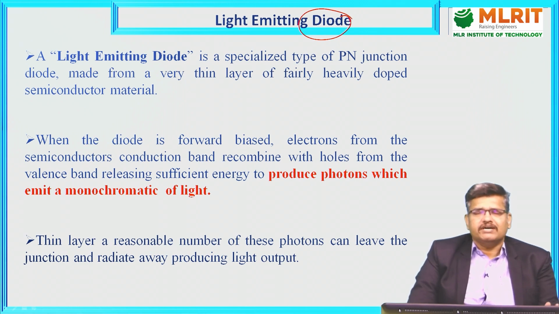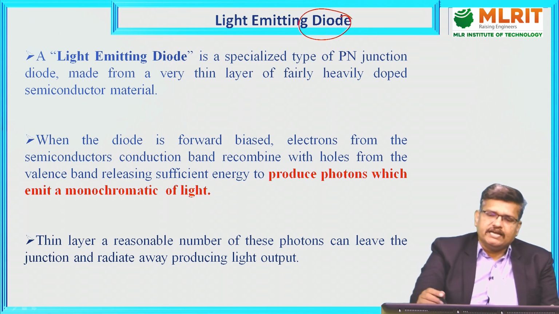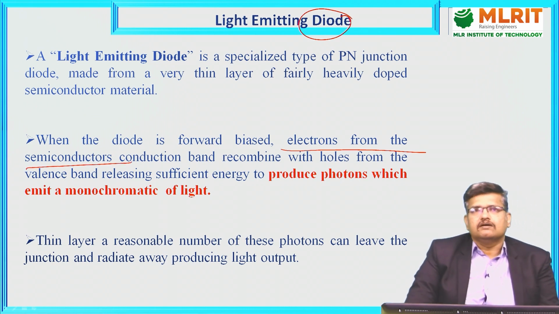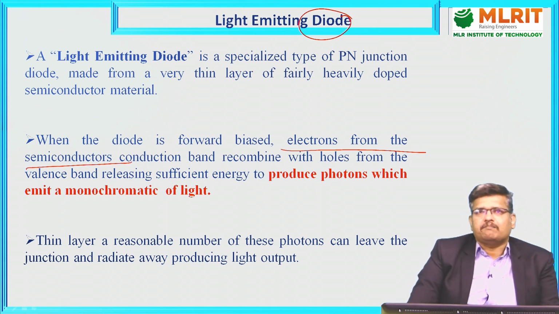Whenever the diode is in forward bias, the electrons from the conduction band recombine with the holes from the valence band, releasing sufficient energy to produce a photon which emits monochromatic light. This is a major thing in this specialized LED.